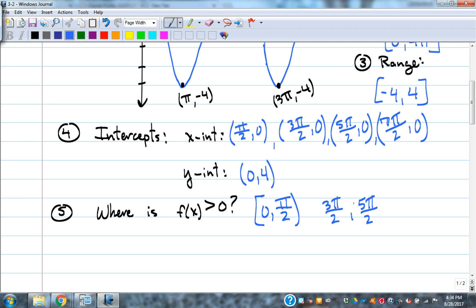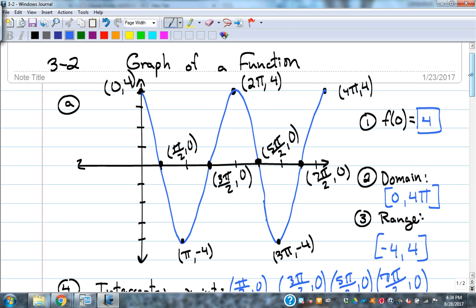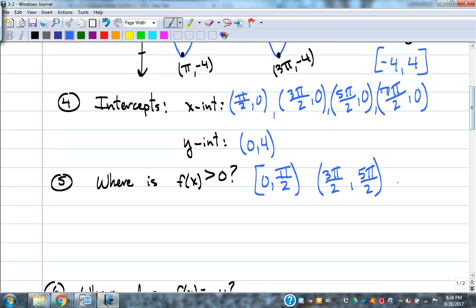Brackets or parentheses on each of those? Parentheses, definitely parentheses, because their y value is 0. And then one last place, looking at our graph, starting here at that spot and going up. So from 7 pi over 2 up to 4 pi.